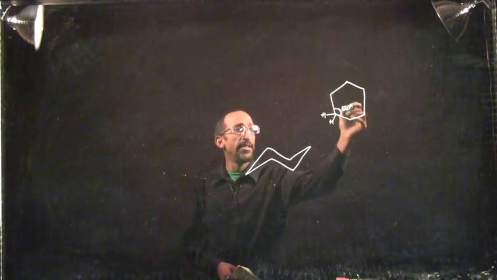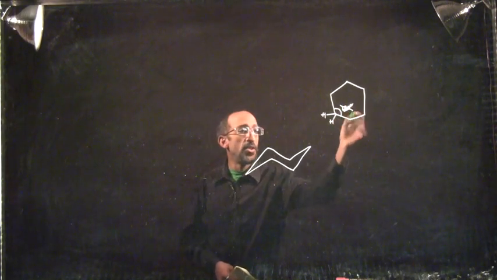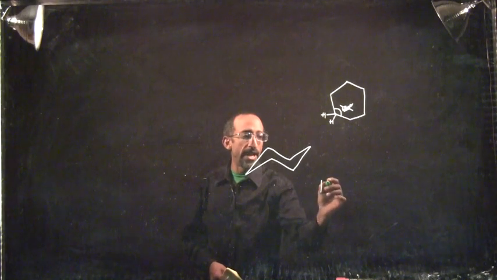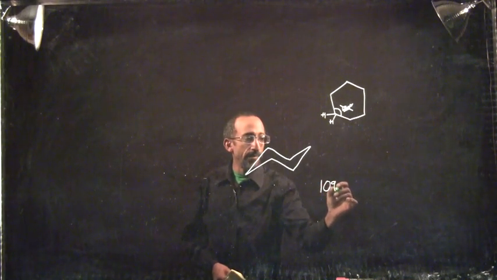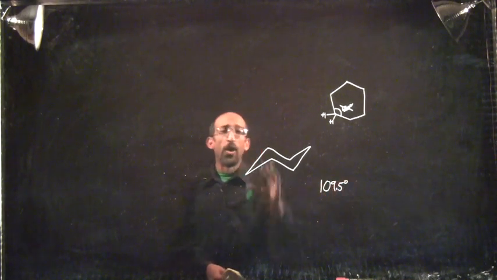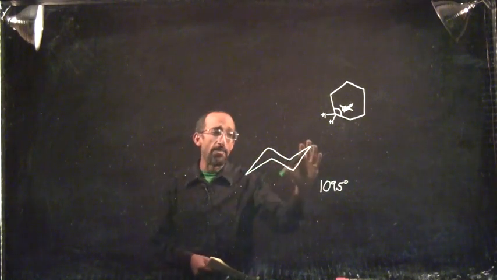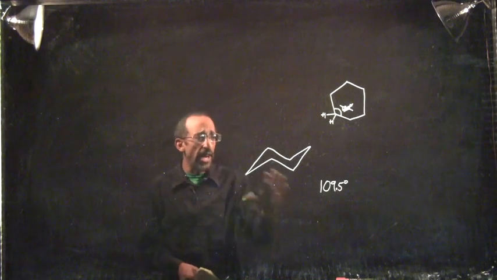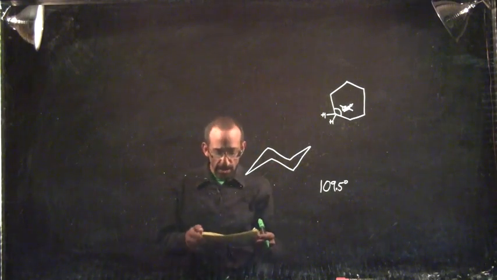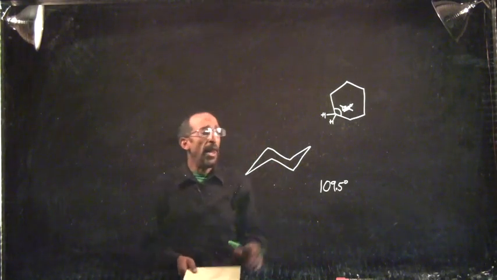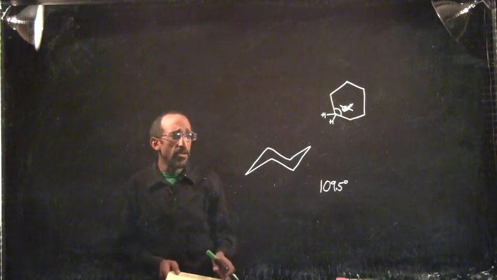This allows cyclohexane to adopt 109-degree bond angles for all the bonds that exist in the molecule, both the carbon-carbon and carbon-hydrogen bonds. So we have full 109-degree bond angles, and we've eliminated all of our angle strain.